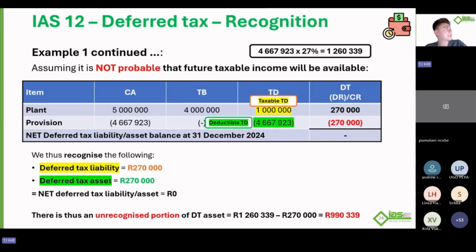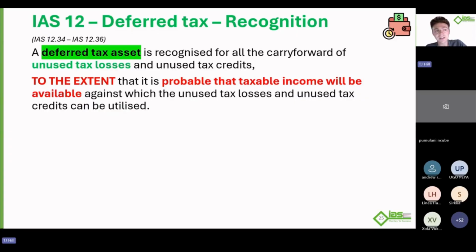The standard then goes and addresses a loss specifically. So technically, and this is weirdly important but not really important from a technicality side, an unused tax loss is technically not a deductible temporary difference.